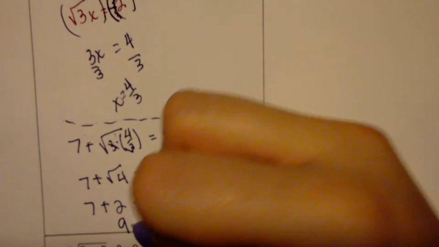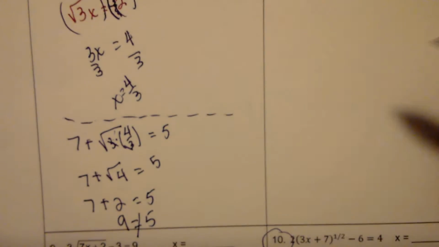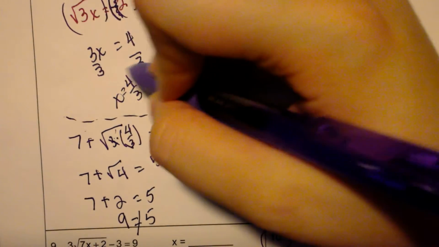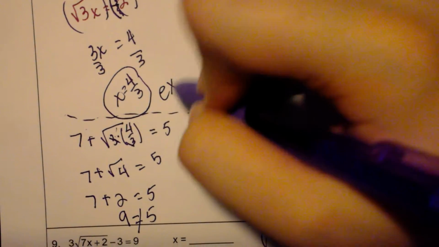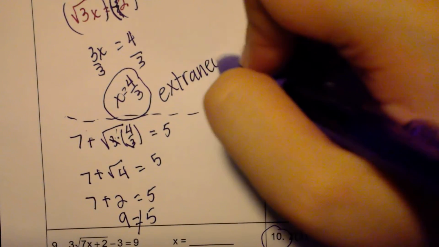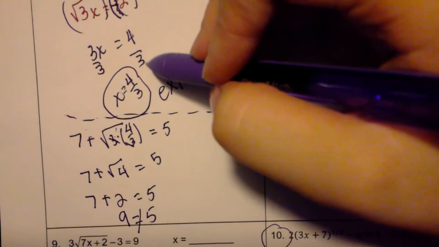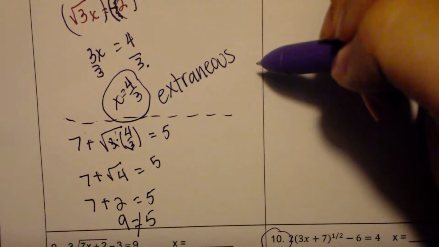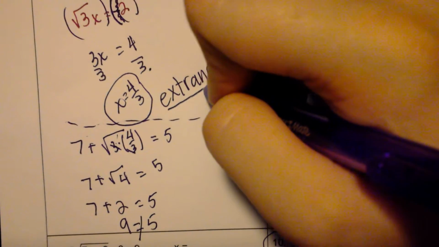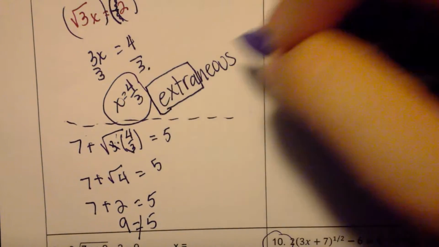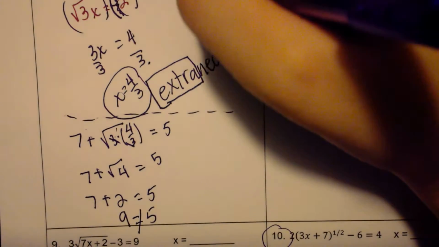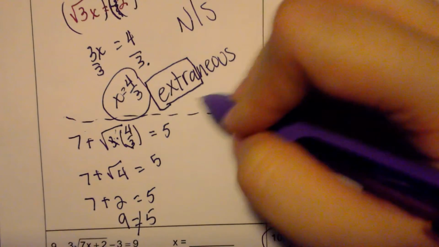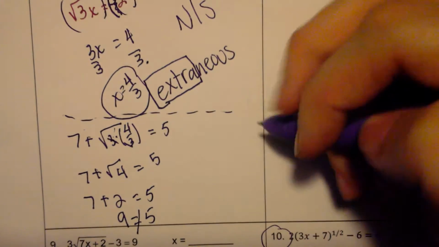That gives you 9 equals 5, put a slash through that. 9 is not equal to 5. So 4/3, that's extraneous. If you worked it out, you got an answer, but the answer does not check. So it's called extraneous. The root of that word is extra. So you should have had no solution, but you got one, and that one you got was extra.